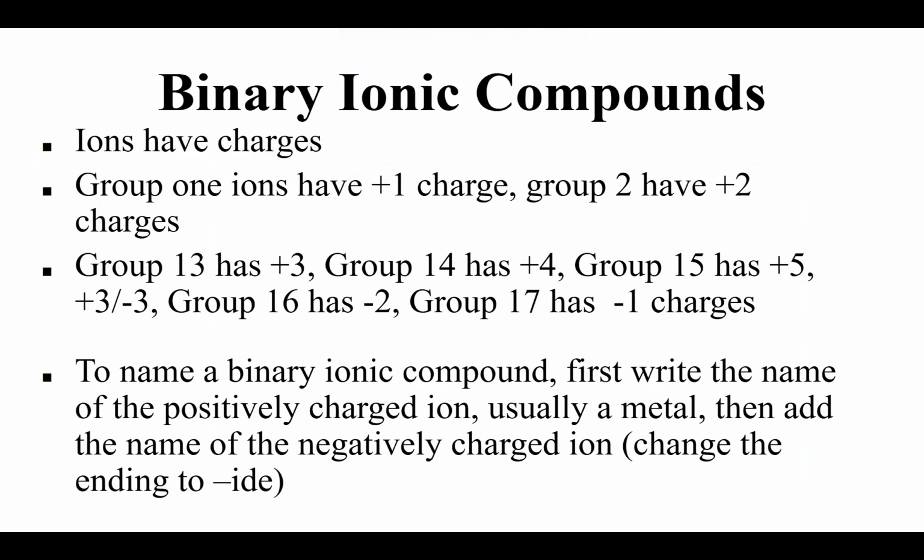To name a binary ionic compound, you're going to first write the name of the positively charged ion. A cation always comes first, and usually that's a metal, not always. Then you're going to add the name of the negatively charged ion, but you remember that ending gets changed to ide.